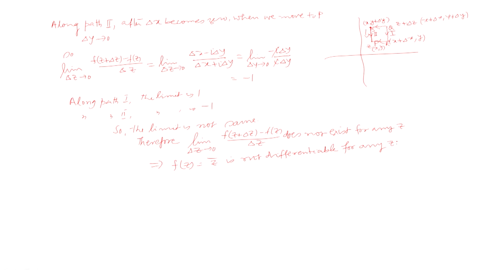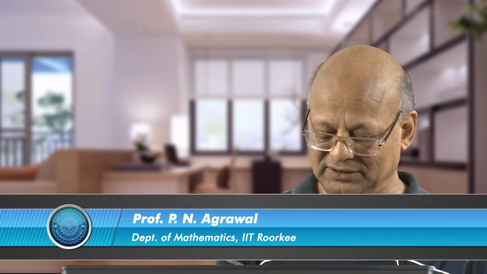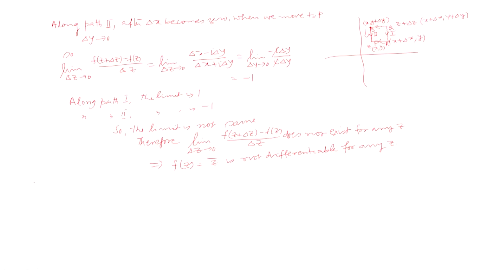There is a result which says that if f(z) is differentiable at a point z equal to z naught, then it is continuous at that point. So, that result also we can prove here. Of course, converse is not true as we have seen here. So, let us prove this theorem.